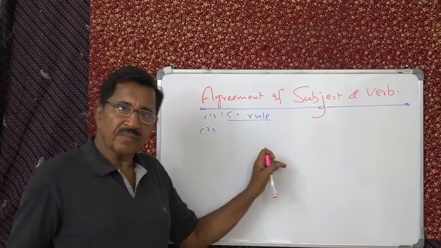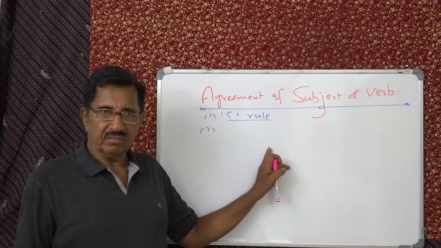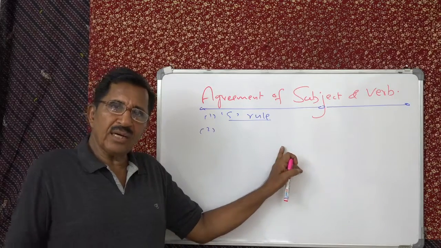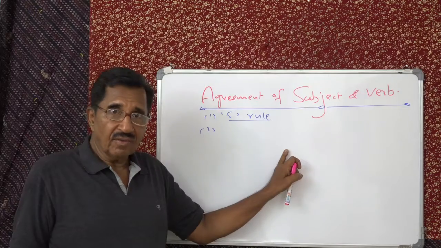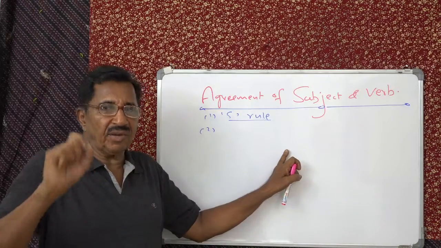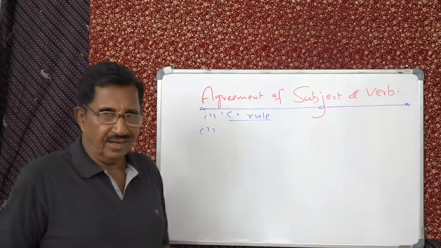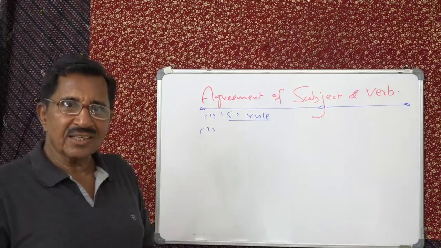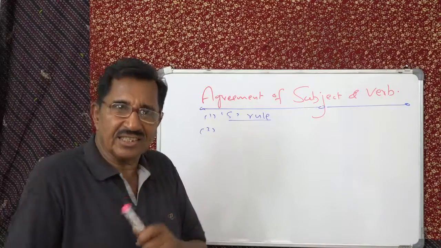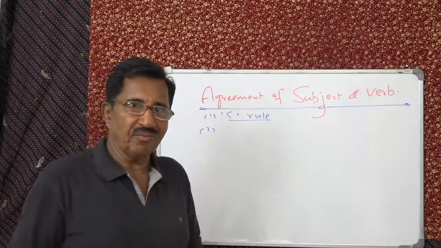So this is about finite verbs. This rule applies only to finite verbs, or when a verb is used as a finite verb. For example, will is a modal. But if you use it as a full verb, as in, if he wills, I will join him.